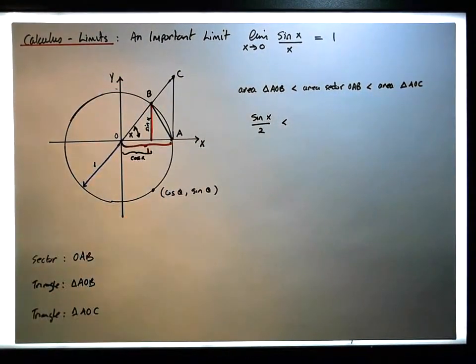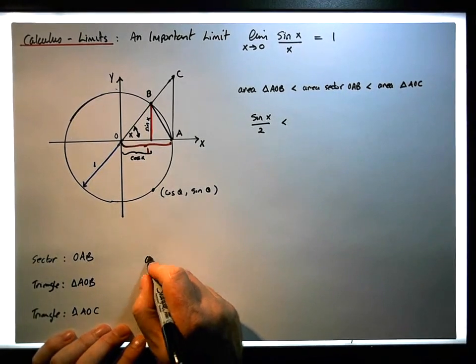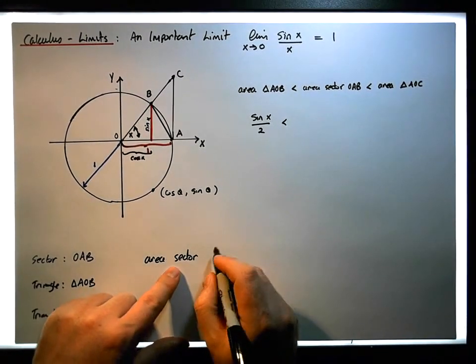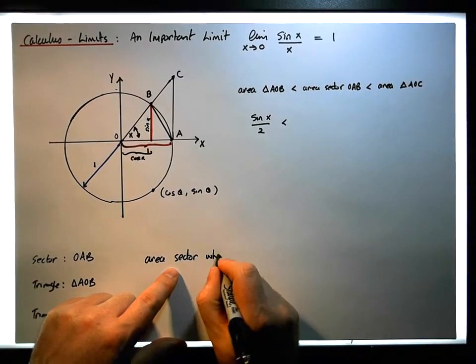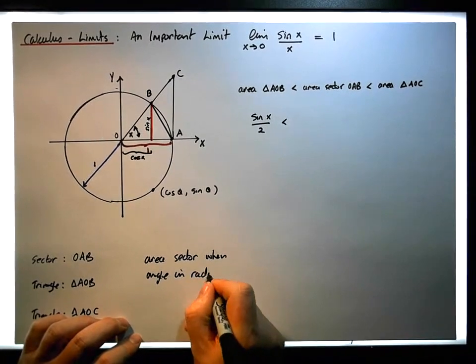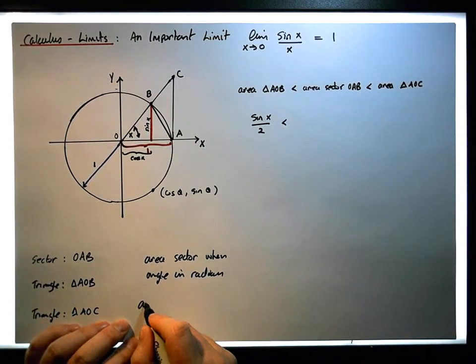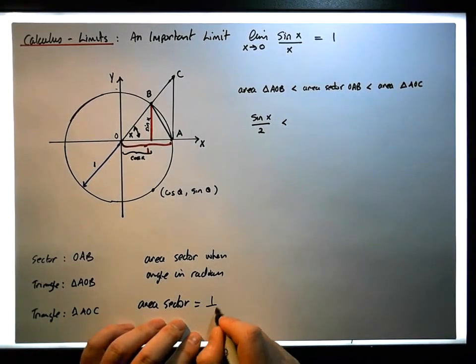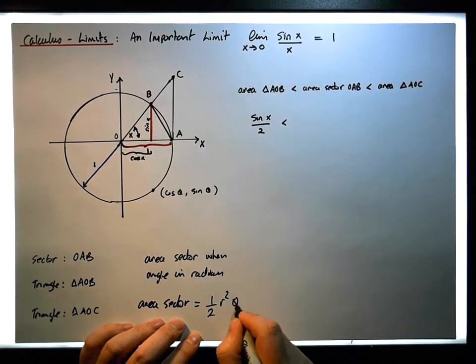Now just keep in mind that when the angle is in radians, the area of a sector is simply equal to half r squared times theta.